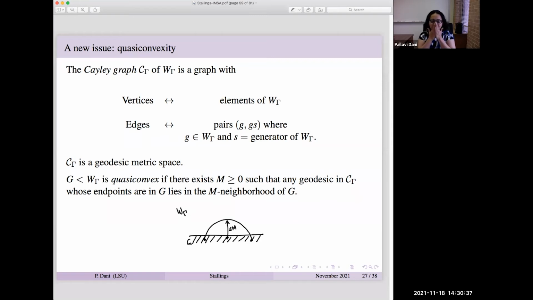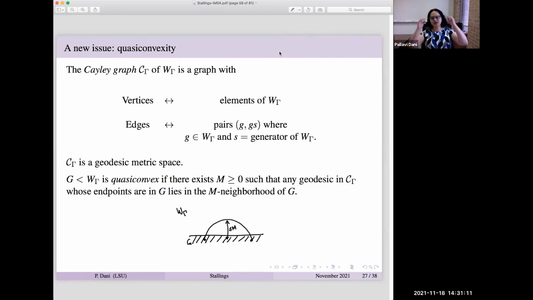But the first issue I want to talk about is how the completion relates to this notion of quasi-convexity. I'm not sure that answers the question, so maybe let me just go on with my talk and we'll see if that answers it.